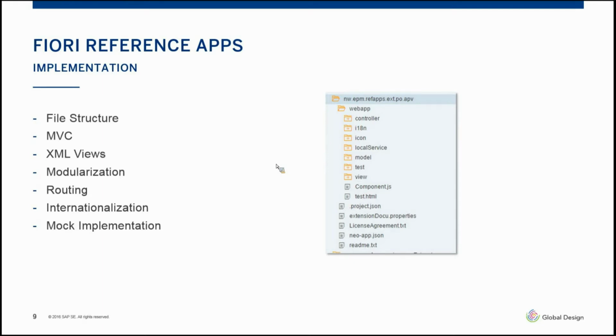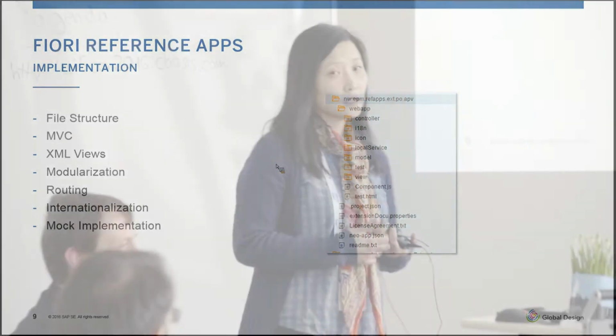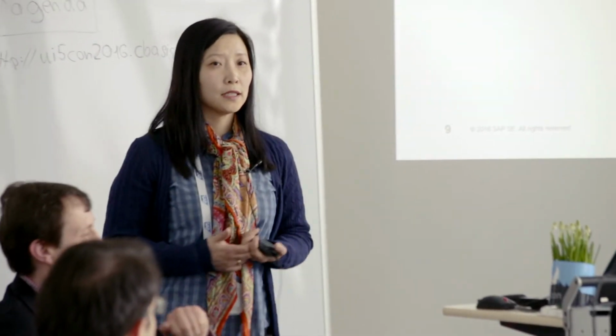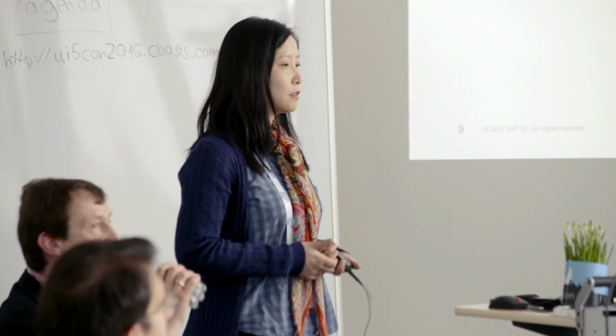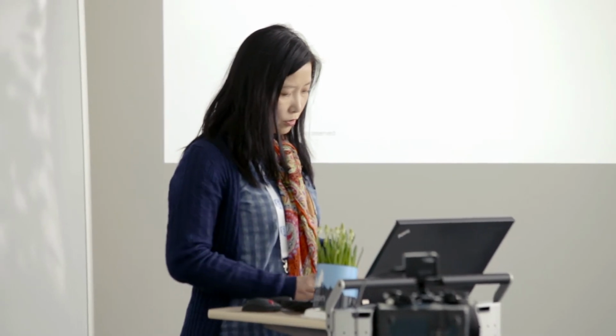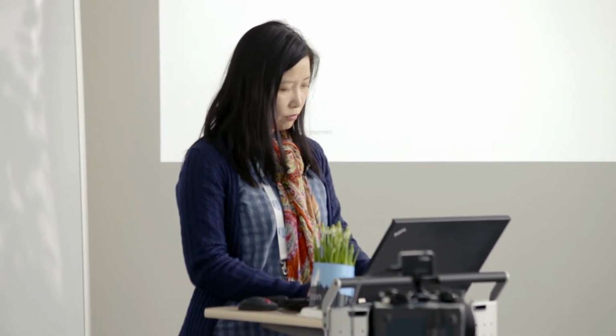We got a lot of support from UI5, which promotes, for example, the MVC design pattern, where you separate the different concerns into different parts. So I will now go into the live code.